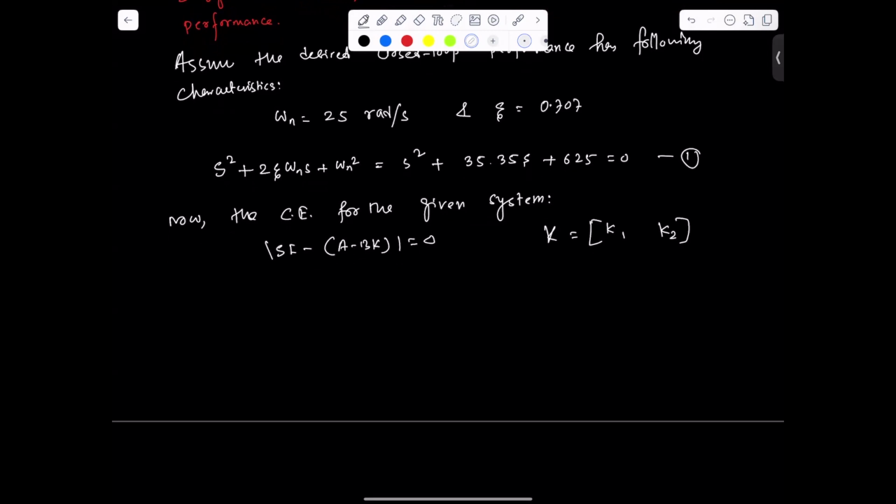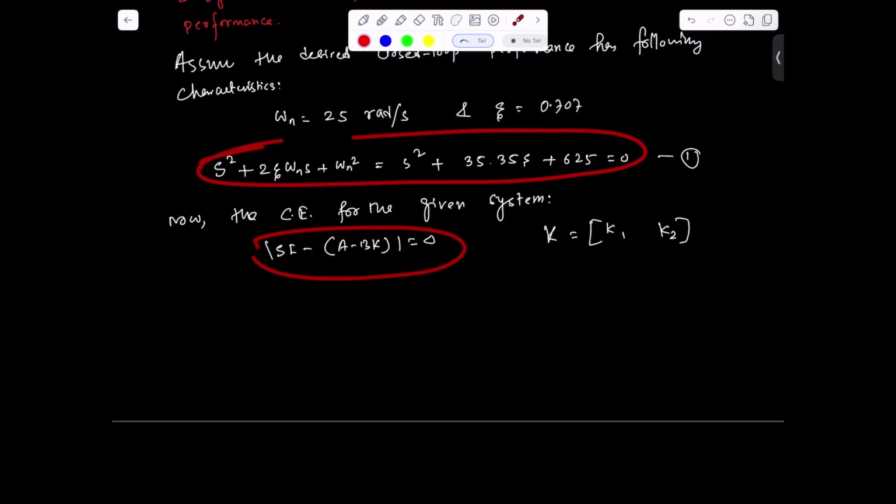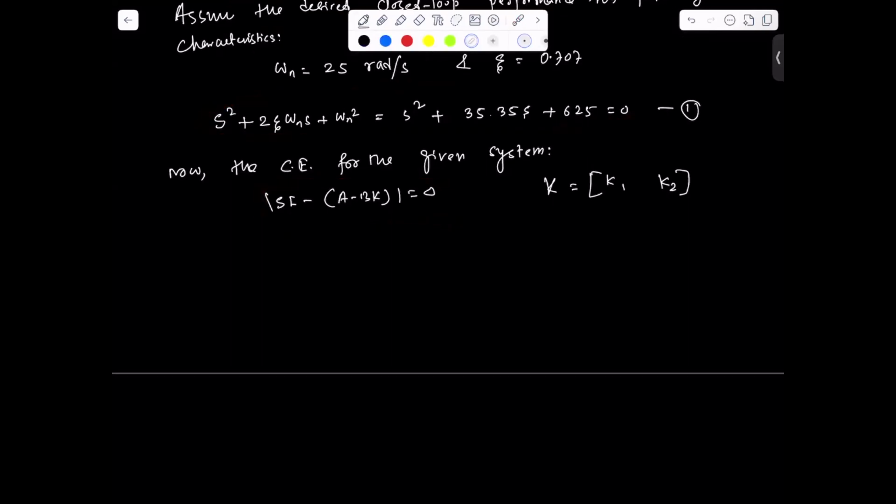If you compare this equation and the desired equation, we can find the controller gain matrix K. We are not doing this here, as we have already done it.